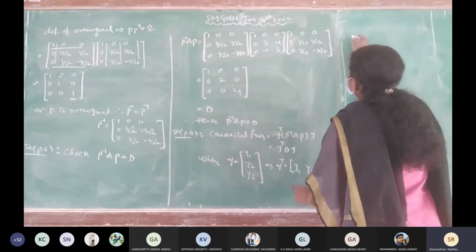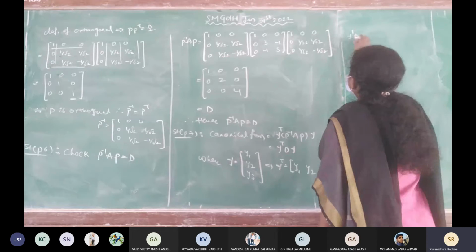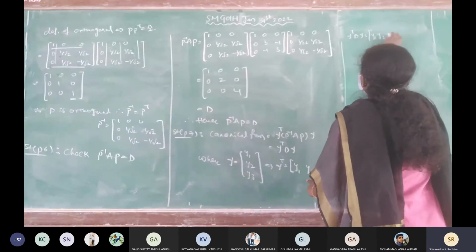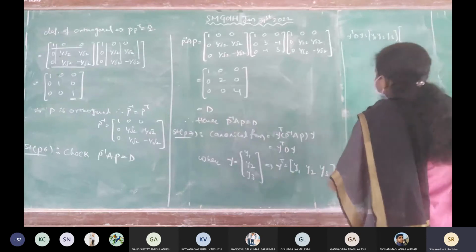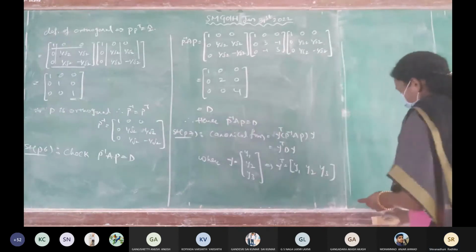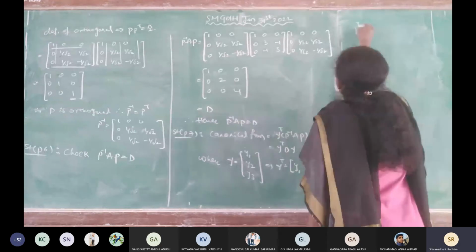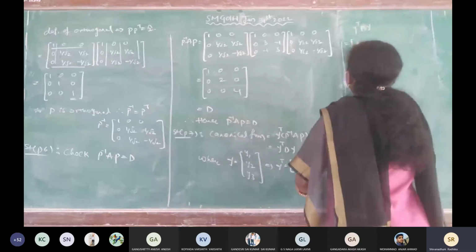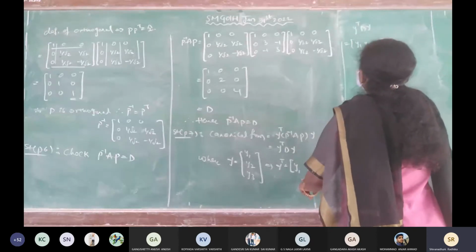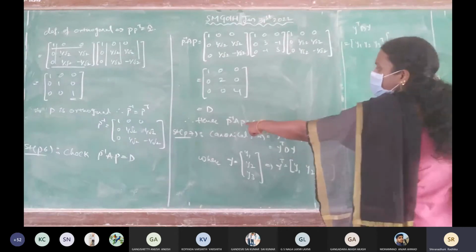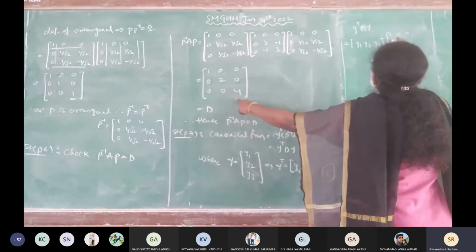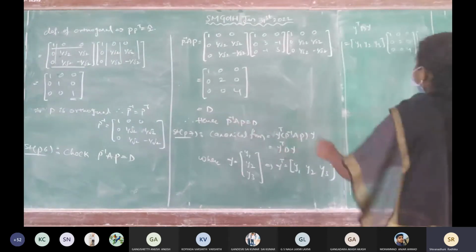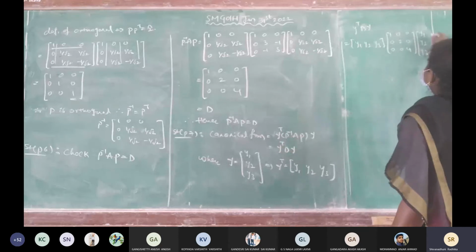So that what we are getting here, Y transpose D into Y. Y transpose is here [y1, y2, y3] into capital D, where capital D is this one [1, 0, 0; 0, 2, 0; 0, 0, 4] into capital Y, this one [y1, y2, y3].